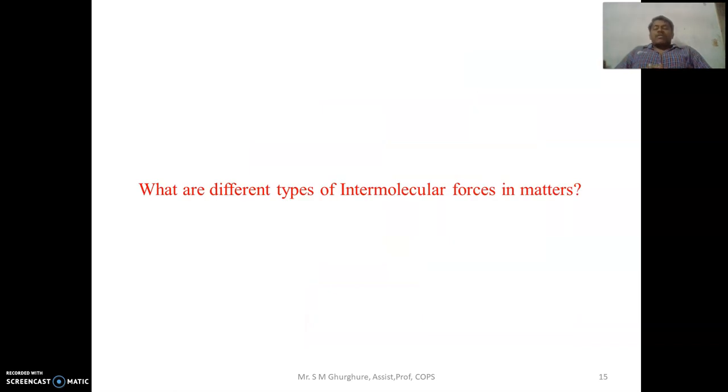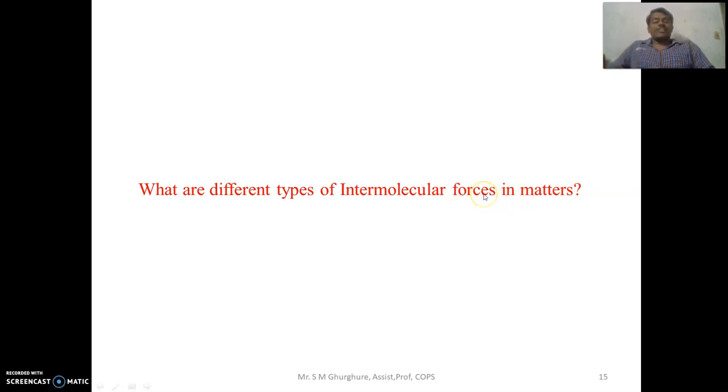Now we are talking about the different types of intermolecular forces which are involved in matter, whether it is solid, liquid, or gaseous state of matter. Here we will think about what the different types of intermolecular forces in matter are.